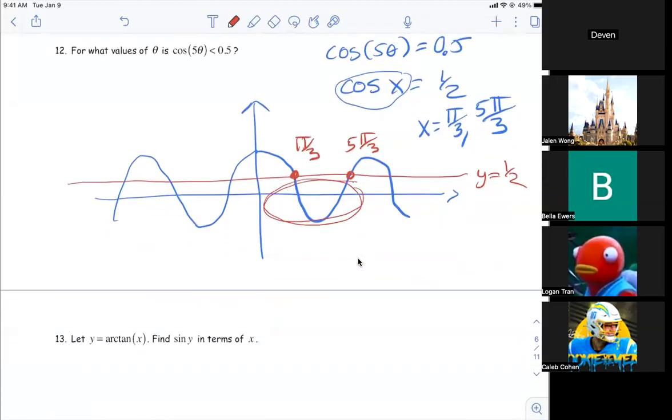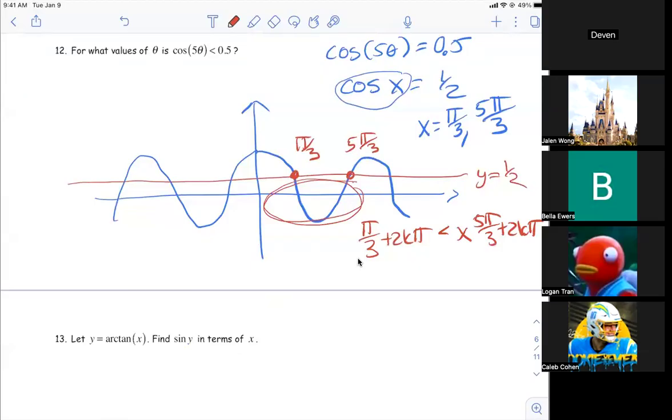So in other words, it's less than 0.5 for all values between pi over 3 plus 2k pi and 5 pi over 3 plus 2k pi. Every time I go a cycle away, as long as I'm between those two equivalent values, it'll be less than a half. Does that make sense so far, Alan?